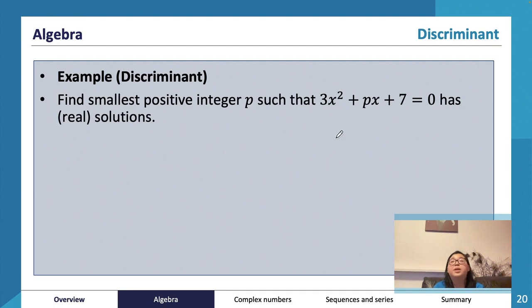Cool. All right. So let's try this with the smallest positive integer p so that 3x squared plus px plus 7 equals 0 has real solutions. Once again, we want the discriminant b squared minus 4ac.